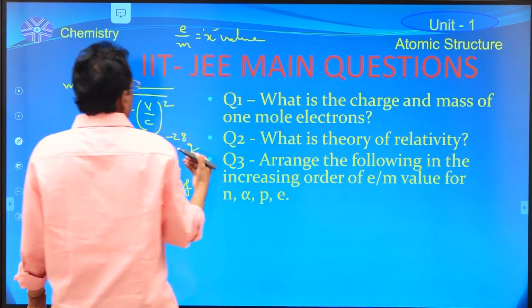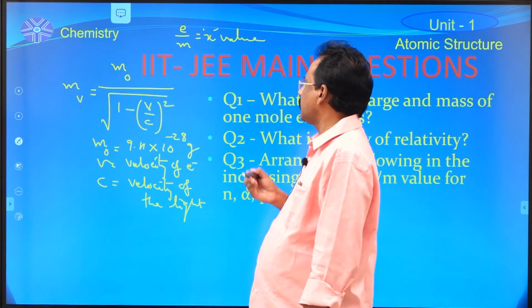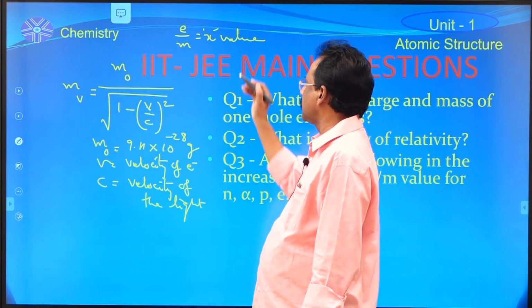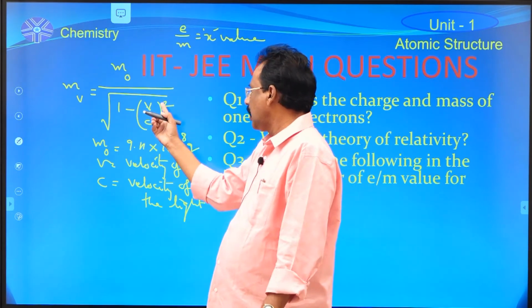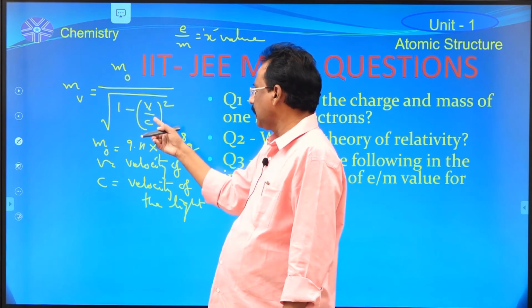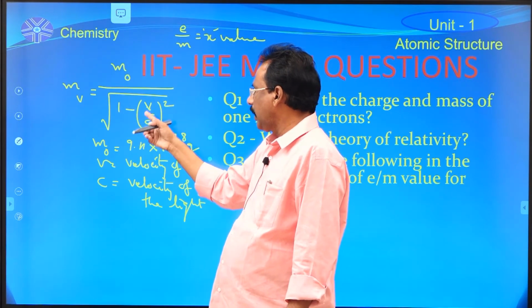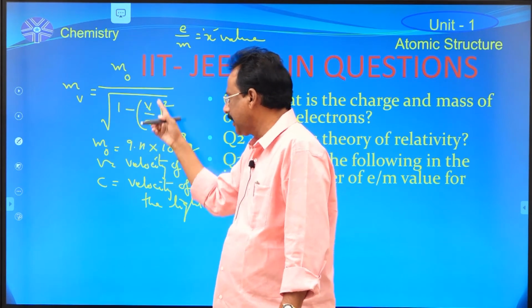According to J.J. Thomson's determination, the formula used to calculate the specific charge of any particle is e/m. According to the theory of relativity, when the speed of the electron increases, the denominator value, the square root of 1 minus v squared by c squared, decreases.